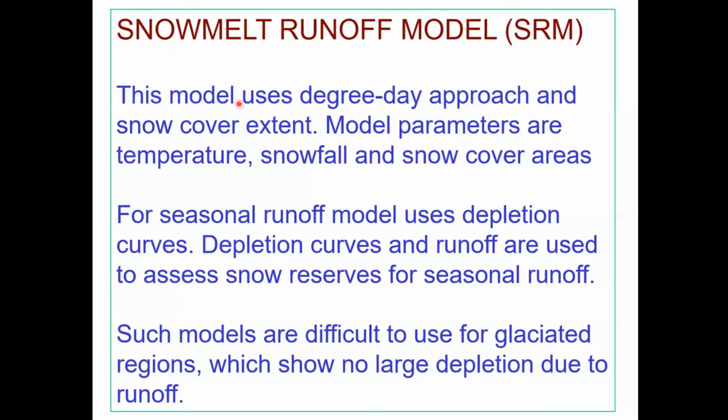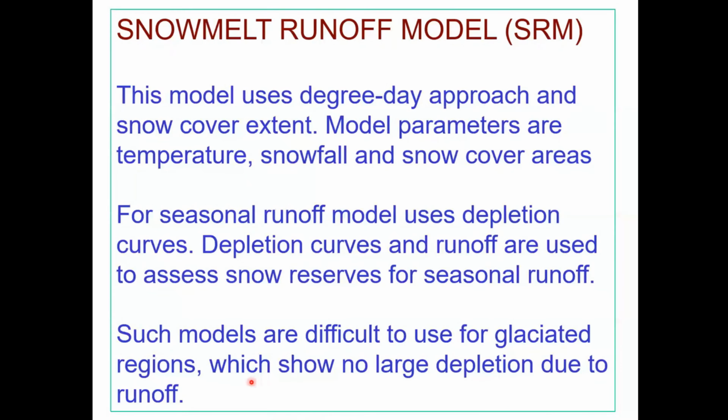It uses the degree day approach and snow cover extent. Model parameters are temperature, snowfall, and snow cover area. For seasonal runoff, the model uses the depletion curve, and depletion curve and runoff are used to assess the snow reserve for seasonal runoff. Such models are difficult to use for glaciated regions, which show no large depletion due to runoff.